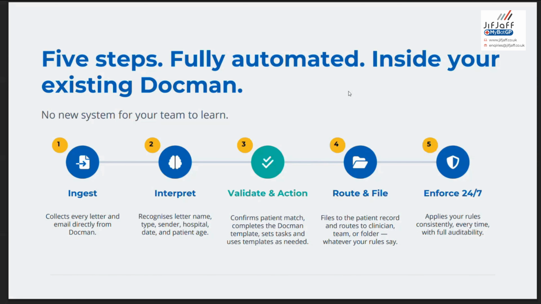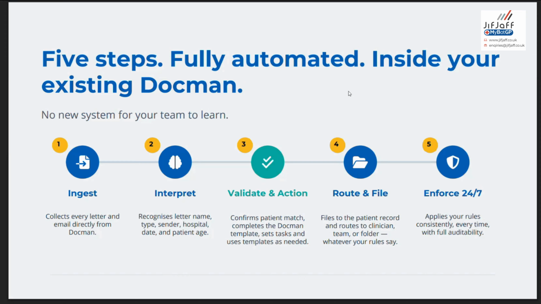In addition to that, you will tell us where you want those letters to go, and we will connect that up in Docman for you. So you could say, these letters we like to give to a clinician, these letters at this practice we give to a coding team, these letters we don't need to see, or these letters we like to put in a folder. All of where you want it sent, it will go to those places.